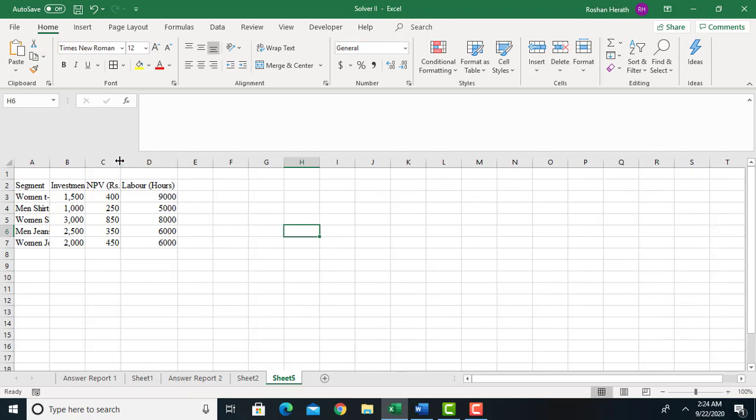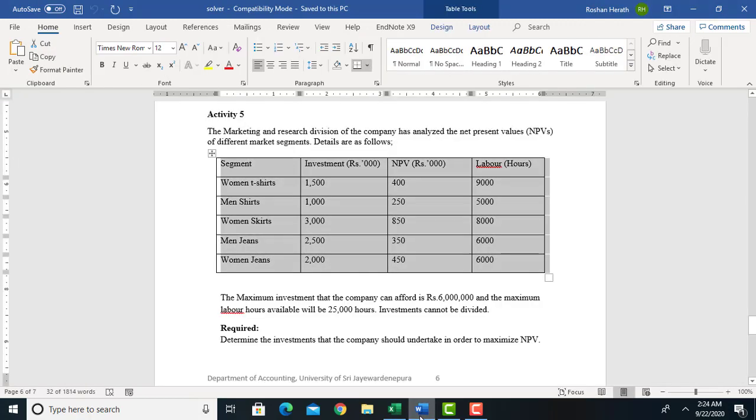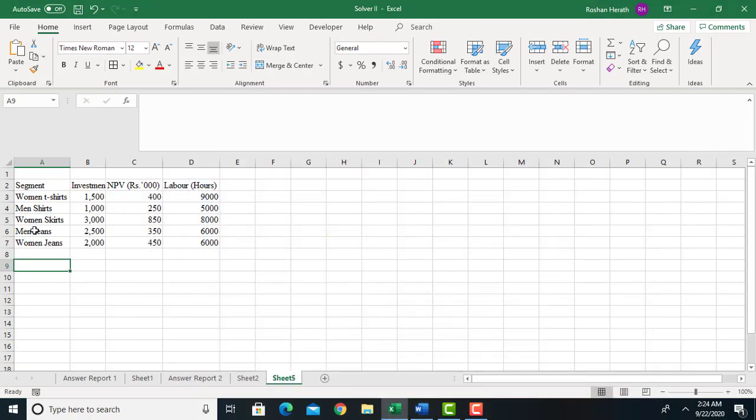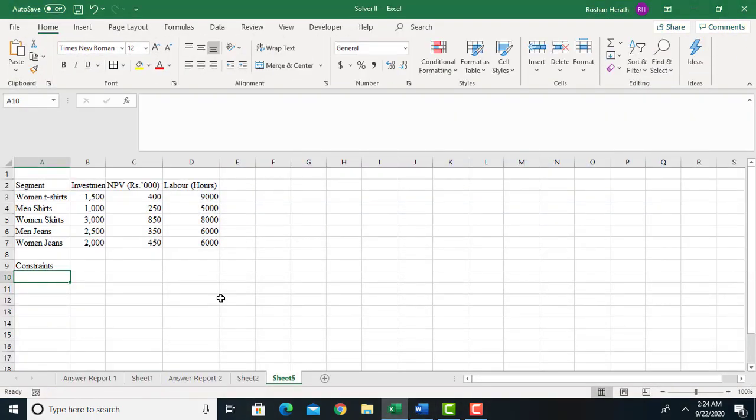This is the information that is given. Two constraints are there: the maximum capital investment that the company can afford is 6 million.